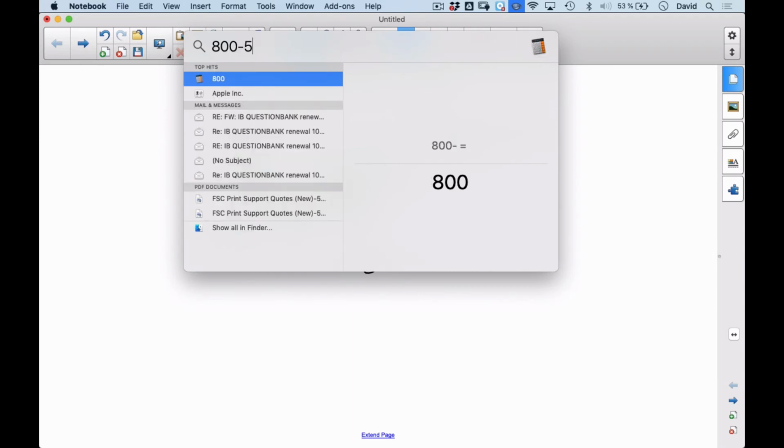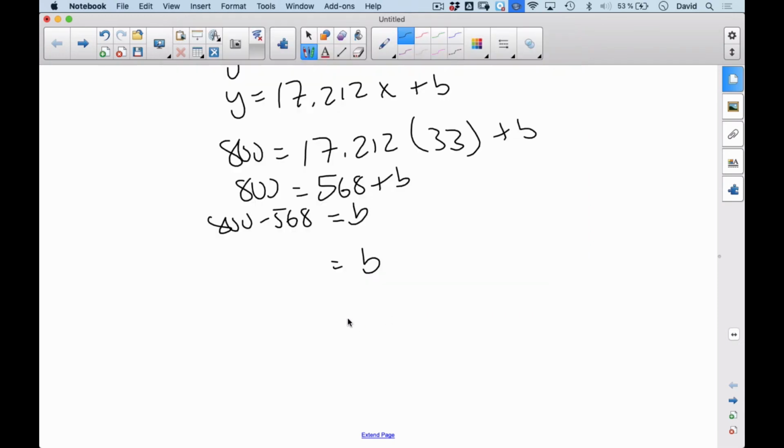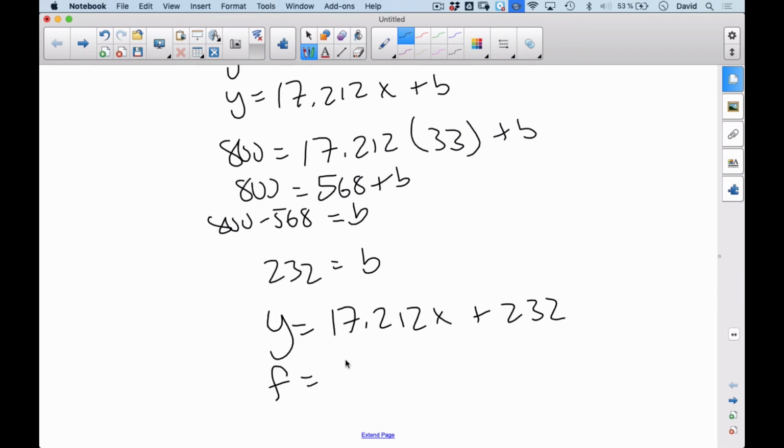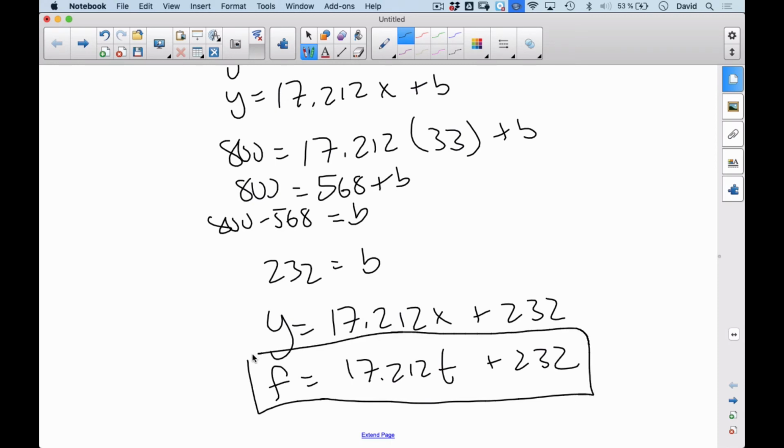So I now go 800 minus 568. I get 232. So now my equation y is equal to 17.212 x plus 232. But if I know it's Facebook, F users is 17.212t plus 232. Here's my initial equation for my line.